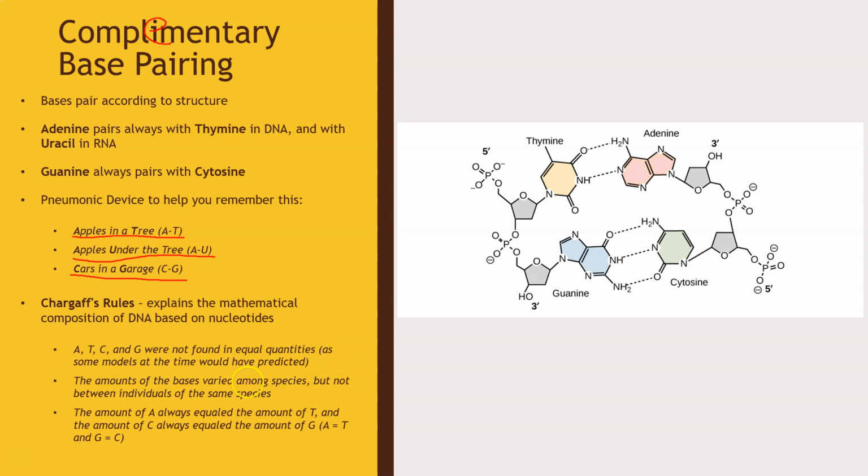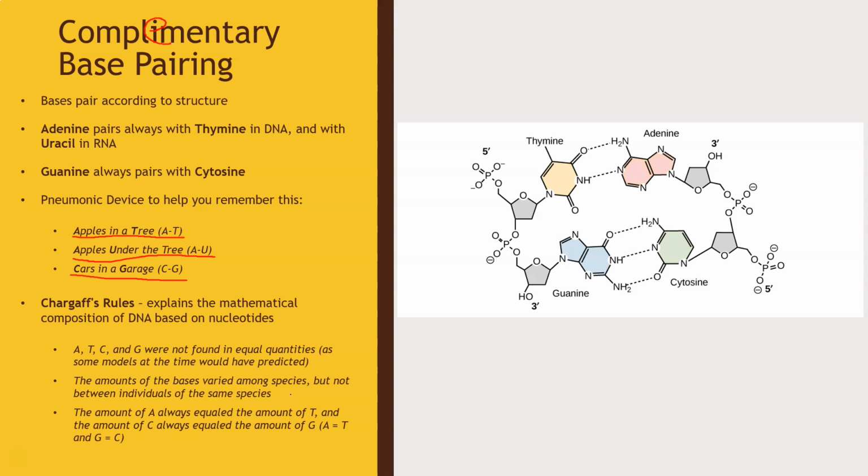In fact, the amounts of the bases varied among species, but were not that different between individuals of the same species. What does this mean? In other words, if we were to compare the amount of adenine, thymine, cytosine, and guanine among all human beings, we would see that roughly all of us have the same amount.